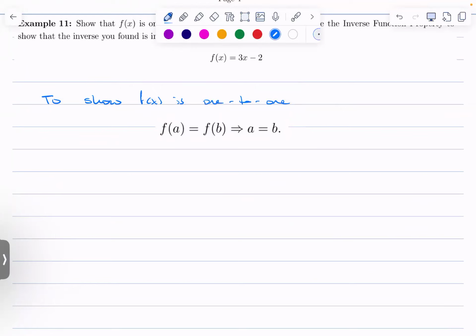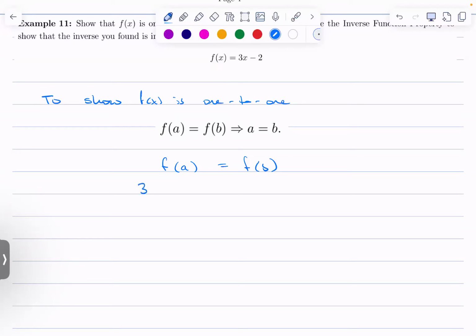For f of a, you can just plug in a for x, but I like to do it at the center of the page. f of a is equal to f of b. And I take my specific function, f of x is 3x minus 2.